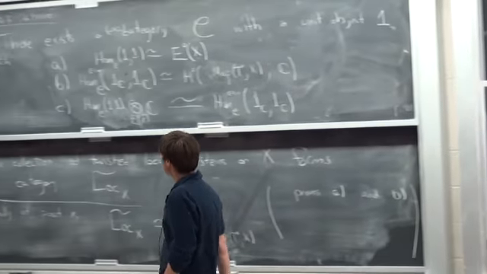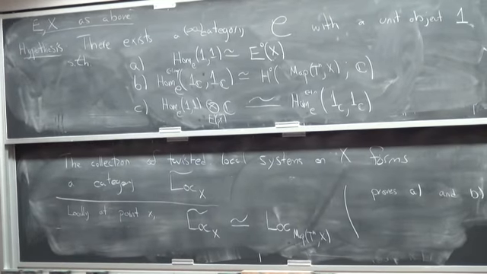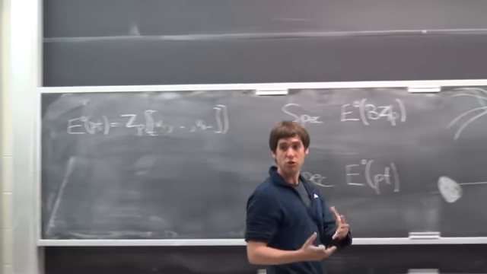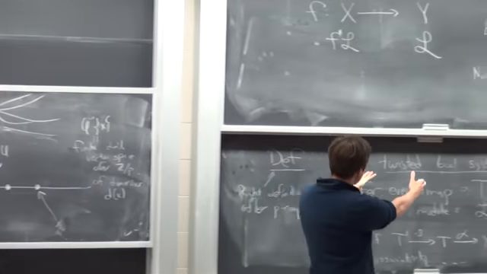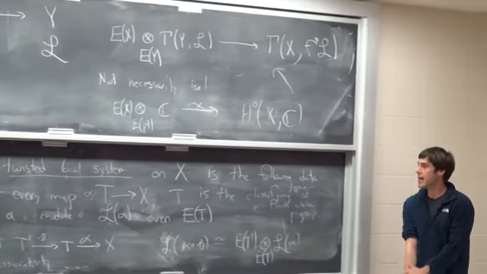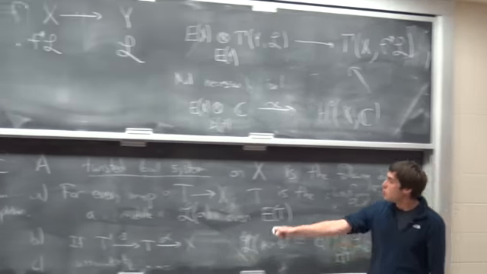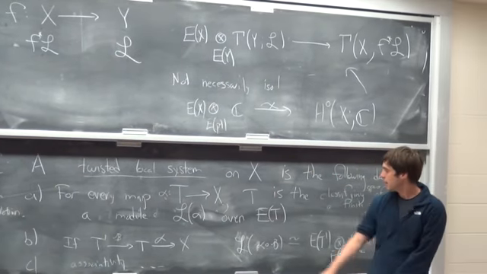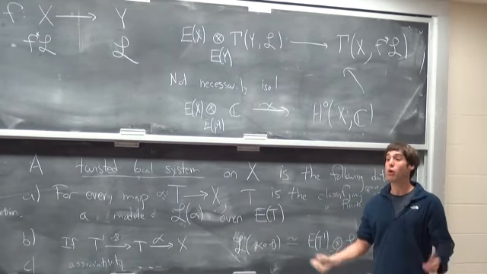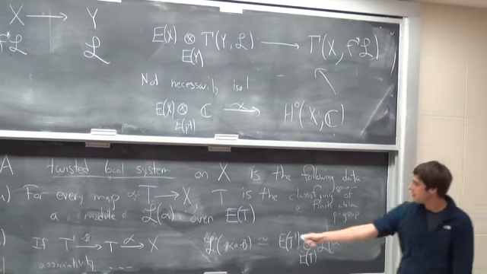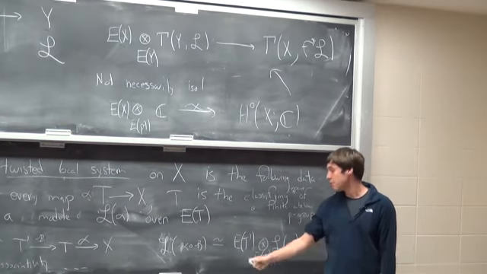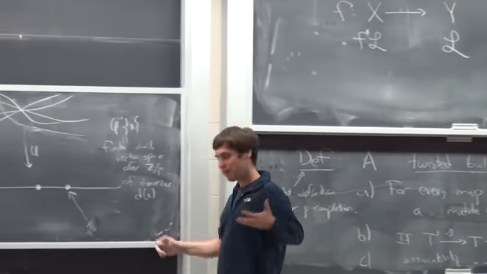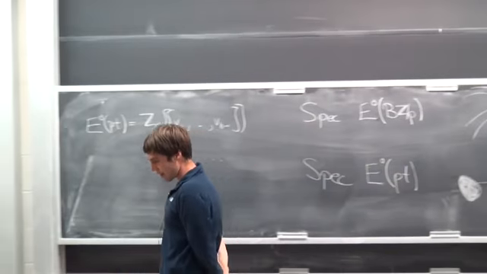Now, 1 sub c means what? Well, 1 is the constant local system with value e. But in terms of this definition, what do you want to write down? 1 is the twisted local system that assigns to every map alpha from t into x, e of t as a module over itself. And it's clear that if you take e of t and tensor it over e of t with e of t prime, you just get e of t prime. So it's the obvious thing that you can write down there.